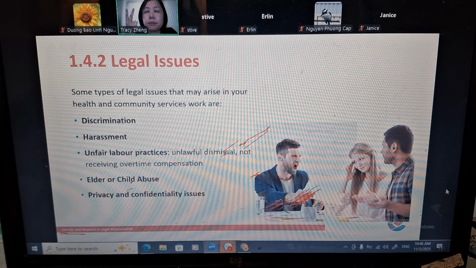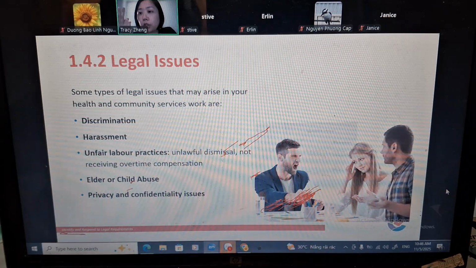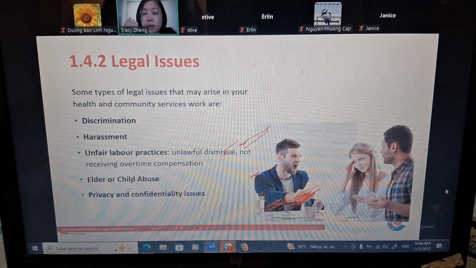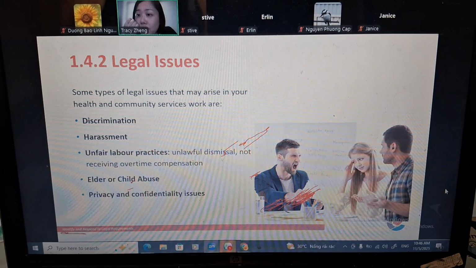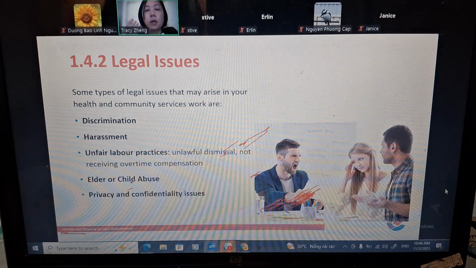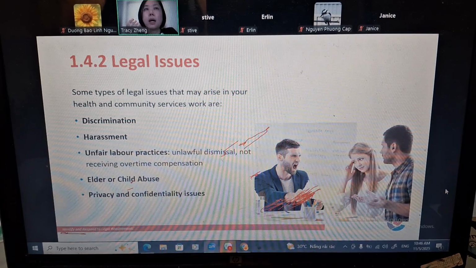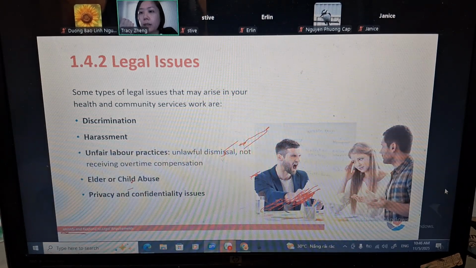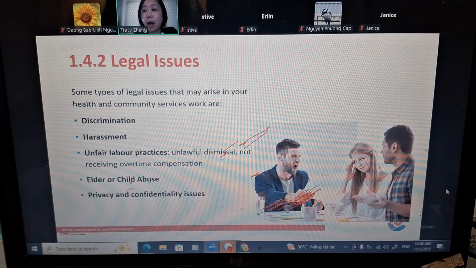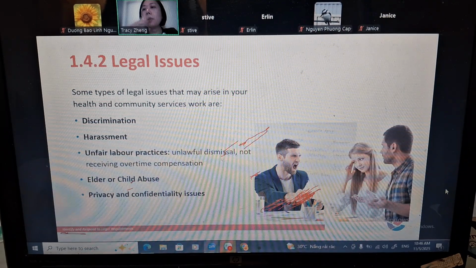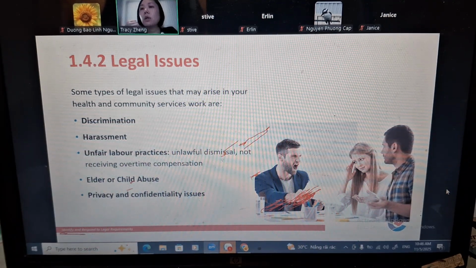Secondly, follow your organization's policy and procedure, and understand your limitations and your boundaries, right? Make sure our client is safe, but we are not overprotecting our clients. We should not cause any harm to our clients from our end, but we do promote our clients to practice making their own decisions, even though those decisions may involve some risks, right? That is the dignity of risk we have talked about.